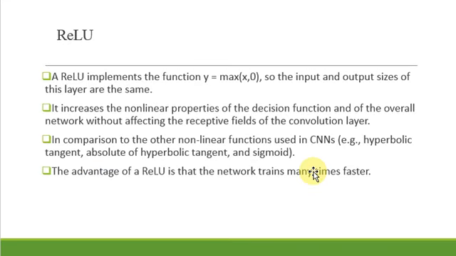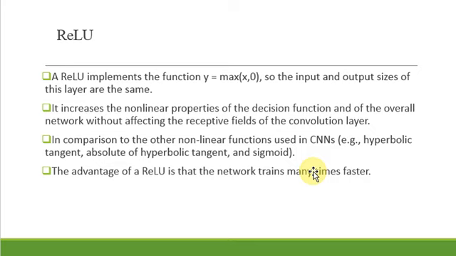Okay, and then the next layer is ReLU. What is ReLU? ReLU simply implements the function y equal to max of x comma 0. What we do in the ReLU is simply discard the negative values and make them 0.